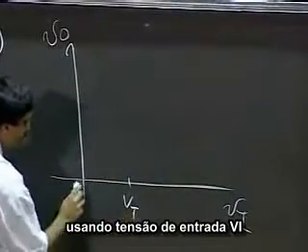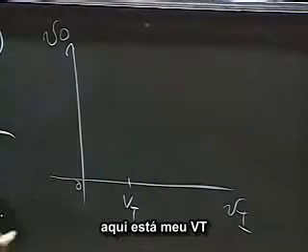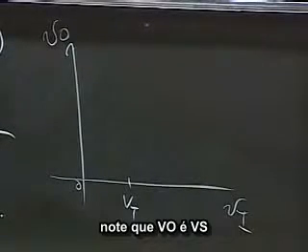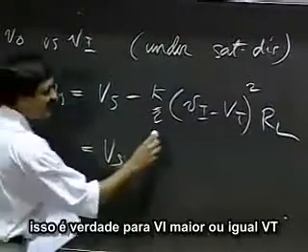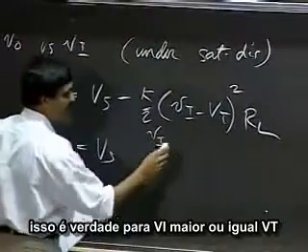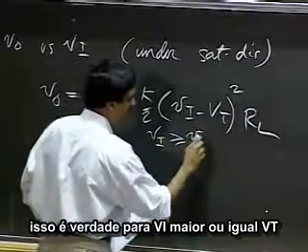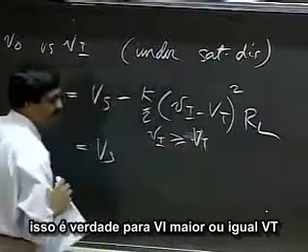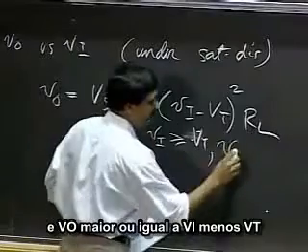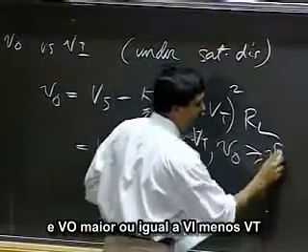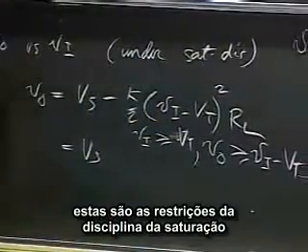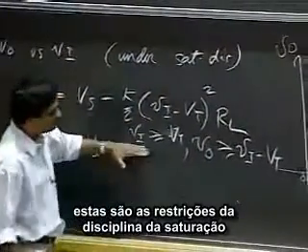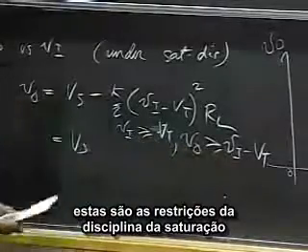So here's the input voltage VI. That's my VT. Notice that VO is VS. This is true when VI is greater than or equal to VT, and V0 is greater than or equal to VI minus VT. These are the constraints of the saturation discipline.